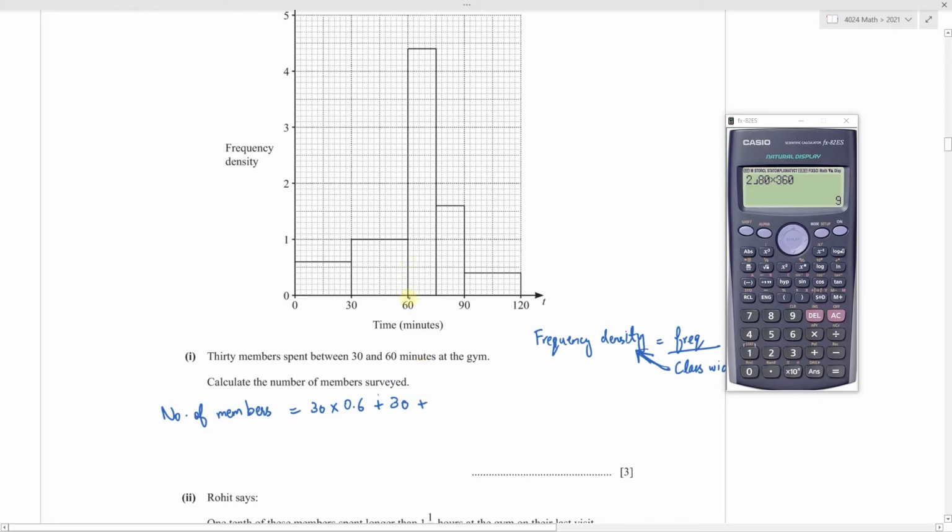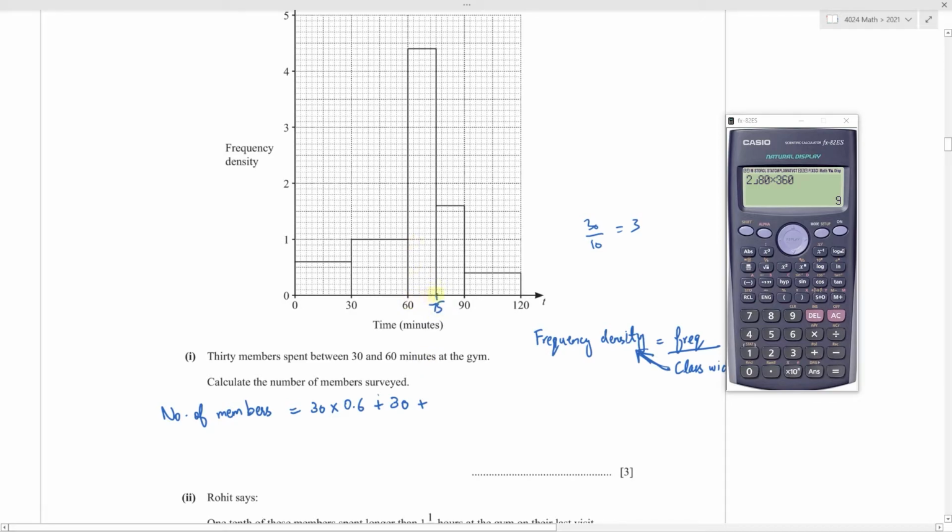And the next interval is this one. So let's first calculate how much each block represents. You have 10 blocks, and this difference is 30. So 30 divided by 10 equals 3. So each of these small blocks represents 3 minutes. So 63, 66, 69, 72, 75. This value here is 75.